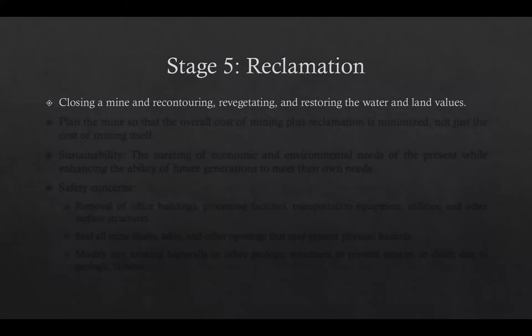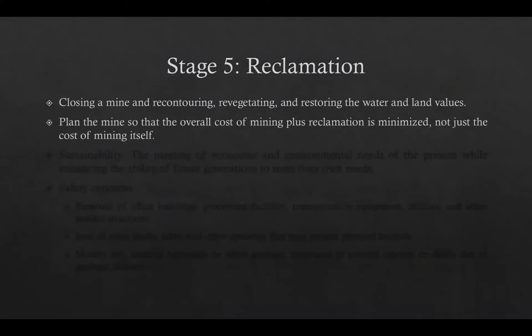Mining engineers, the mine planners, should plan the mine so that the overall cost of mining plus reclamation is minimized, not just the cost of mining itself. So if the mine planning engineers are planning the reclamation along development and exploitation, this overall cost of mining plus reclamation will be minimized.